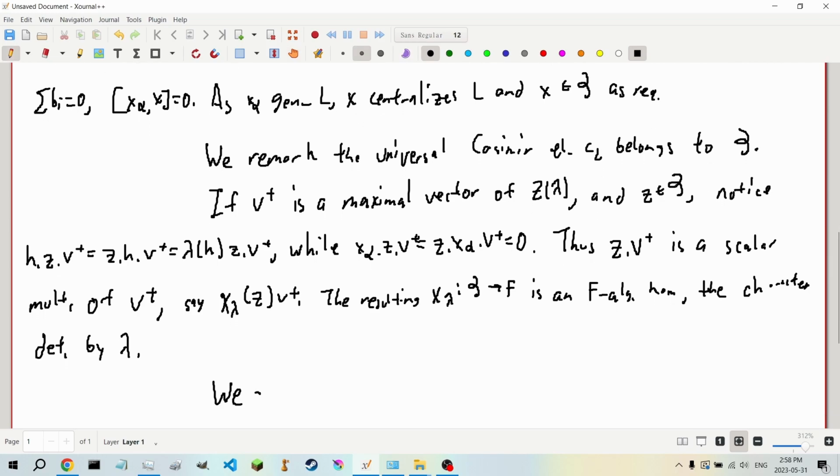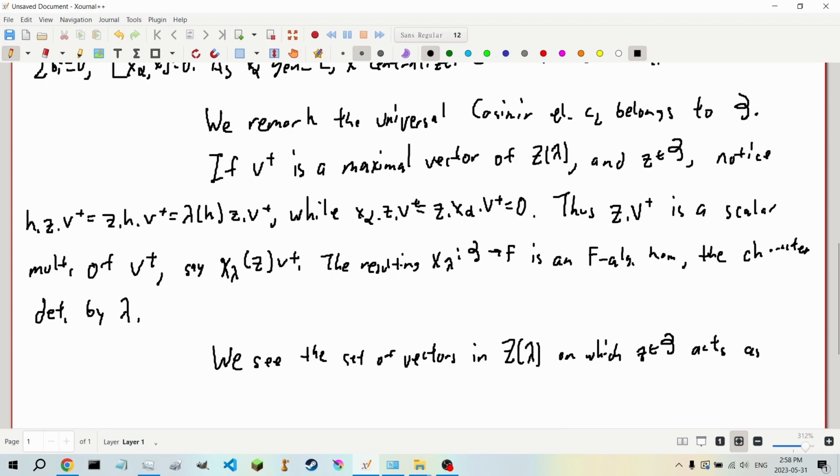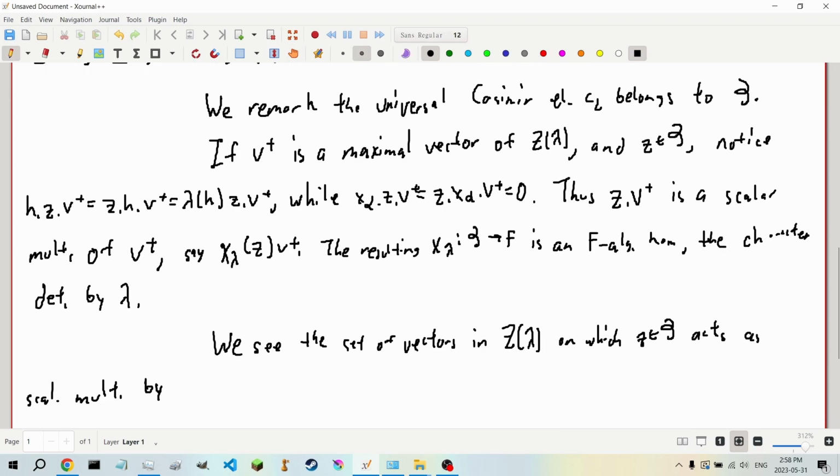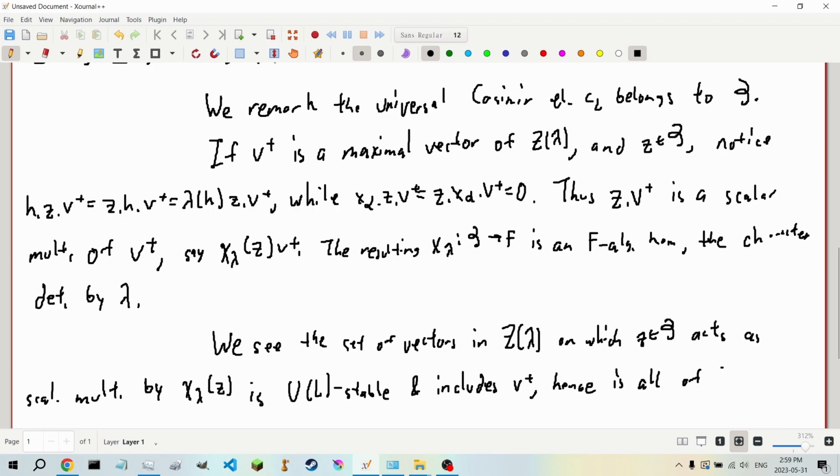We see that the set of vectors in Z lambda on which our z in the fancy thing acts as scalar multiplication by our character function is stable under the universal enveloping algebra of L and includes our v plus, hence is all of Z lambda.